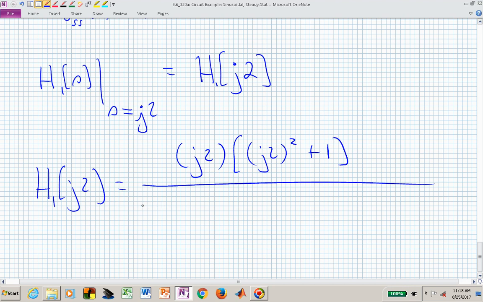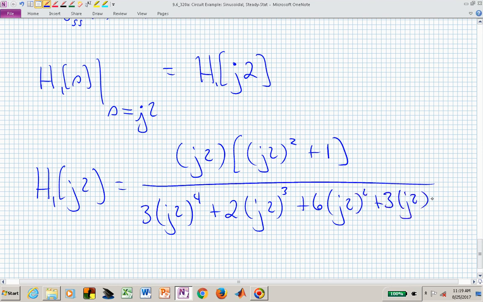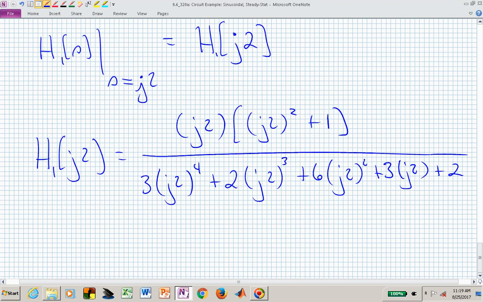And downstairs we had 3 times (j2) to the 4th plus 2(j2) cubed plus 6(j2) squared plus 3(j2) plus 2. Now we can do the algebra.